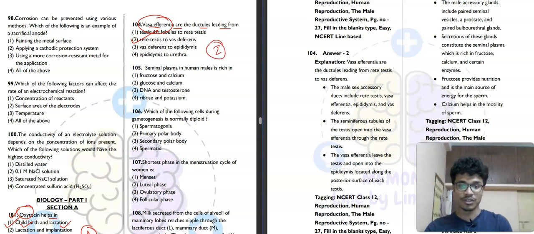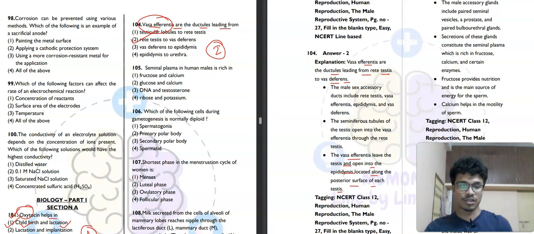Vasa efferentia leave the testis and open into the epididymis located on the posterior surface of each testis, and they are the ductules leading from rete testis to the vas deferens. You can see this. So that's why the second option will be your correct answer for this question.